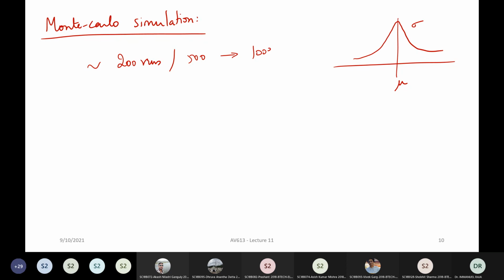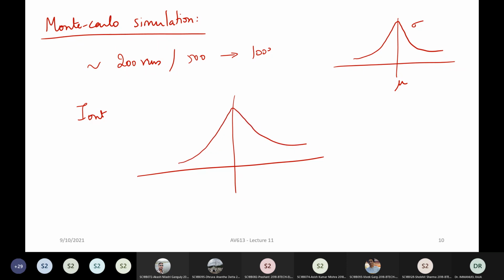Okay. And so when you plot the I out, as you expect, you will basically have a Gaussian response. You will have an I out mean and you'll also have a certain sigma of I out, which typically will be Gaussian in nature.